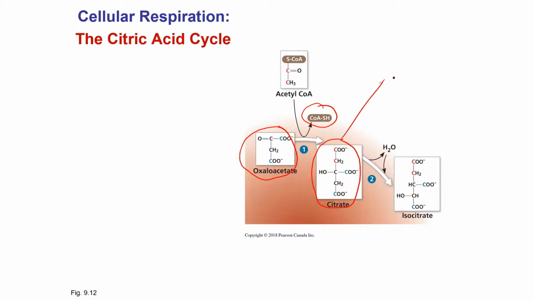I don't know if anybody here likes sour candy, but this is what makes your sour candy sour, something called citric acid or citrate. So thank you for sour candy.